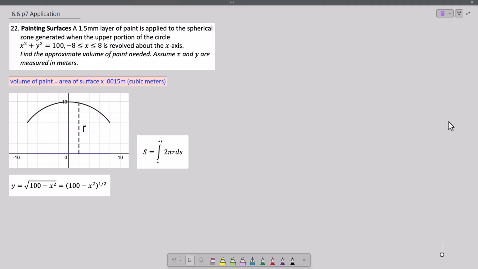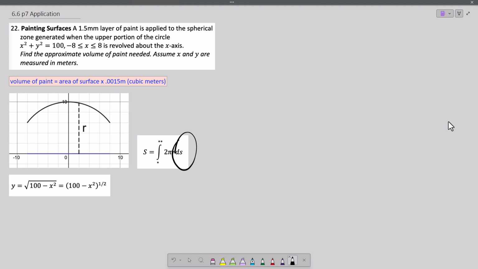So this time we've got a dx situation. We always want to look at these types of problems, whether it's arc length or surface area, and decide dx or dy. What we always want to look at first, because that tells us how we're going to convert that ds.